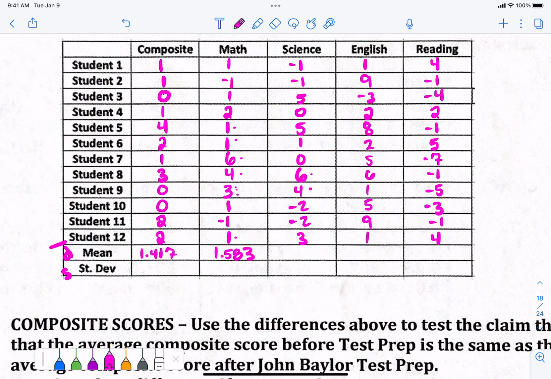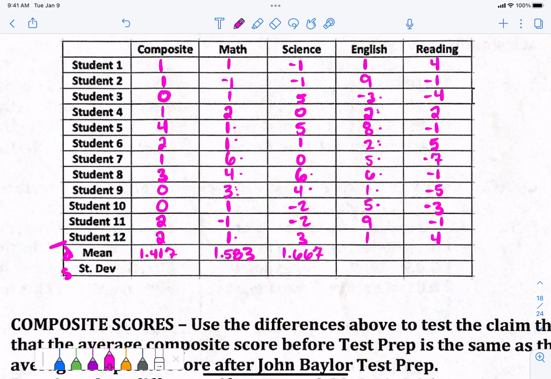Actually, let's go back to 17, 20. 1.667. English: 7, 8, 9, 17, 18, 19, 24, 30, 31, 36, 46.